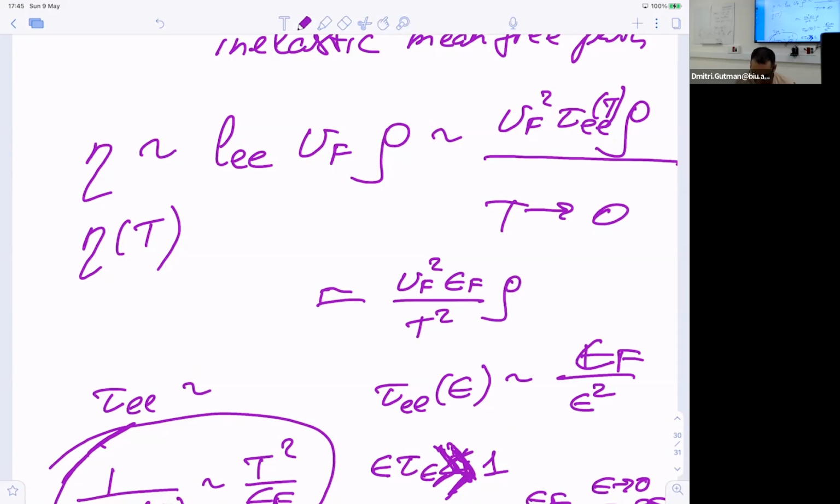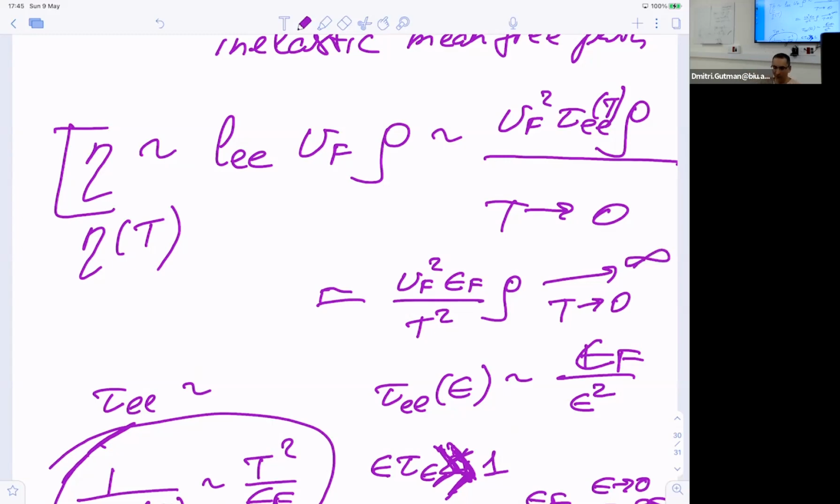In the low temperature limit, when temperature goes to 0, the viscosity, which is proportional to tau, goes to infinity.